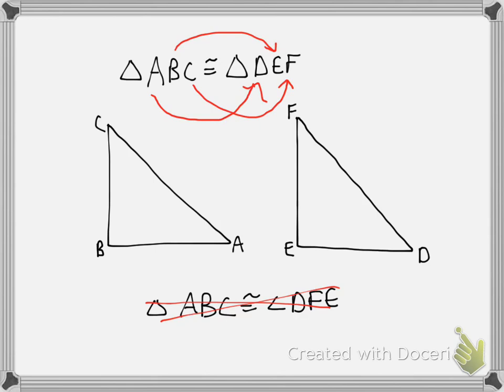Just a side note real quick. The other common thing I see happen wrong on tests, if you're supposed to write a triangle congruent statement, I know we haven't written a proof yet, but we'll write a bunch of these. If you're trying to write a triangle congruent statement saying that two triangles are congruent to each other, I get this mistake a lot where someone will write it correctly, ABC is congruent to DEF, and maybe they'll just write that.